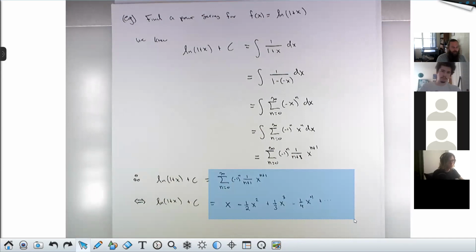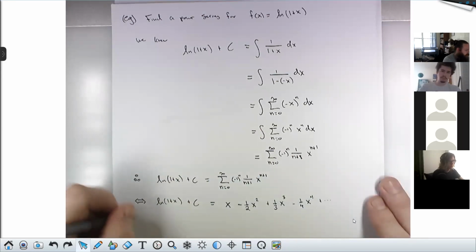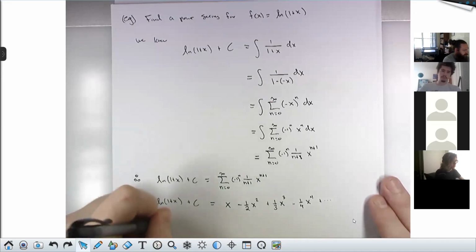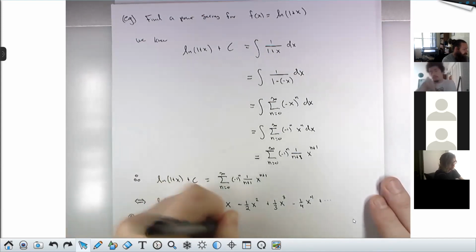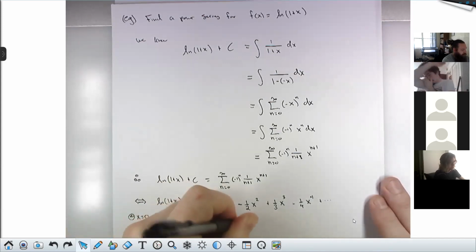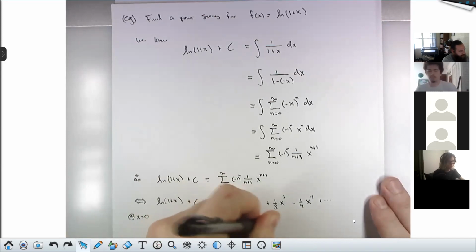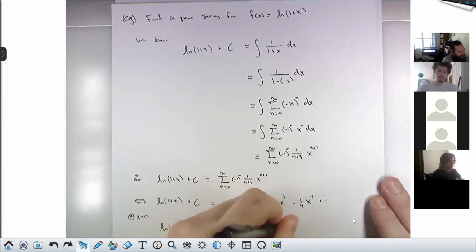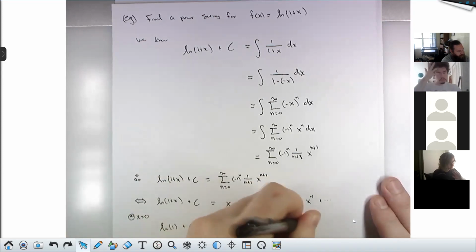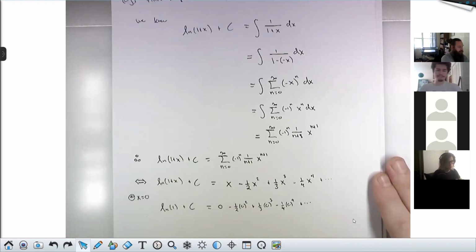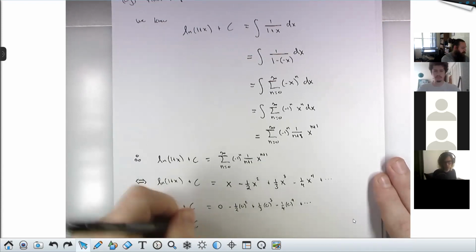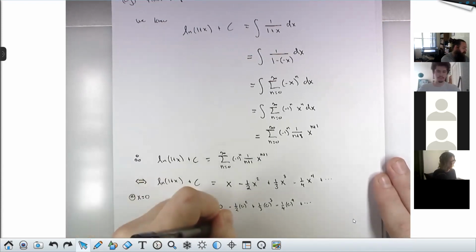And if I evaluate this at x equals 0, I will get the natural log of 1 plus a constant is equal to 0 minus 1/2 times 0 squared plus 1/3 times 0 cubed minus 1/4 times 0 to the 4, and so on. So every term over here is 0. The natural log of 1 is 0, so this is just saying c equals 0.